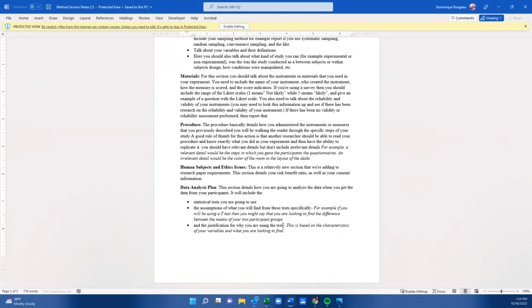If you have more than two groups, you can't use a t-test, you need to use an ANOVA. So this study looks at comparison means of three separate groups, which an ANOVA is the most appropriate test for. So just something as simple as that, and it can be a small paragraph.